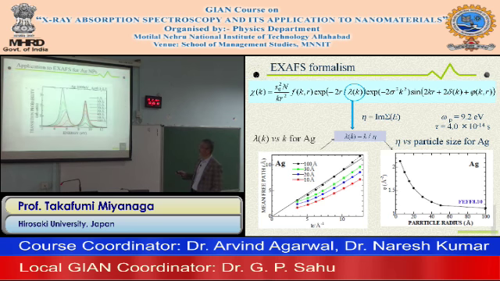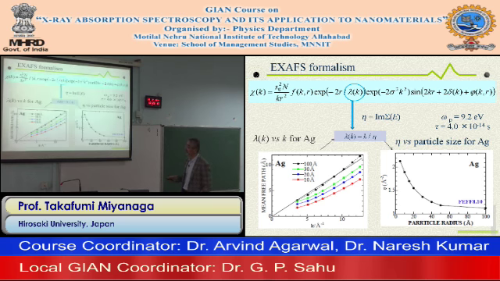So from these calculations, we check the k-dependence, the electron momentum dependence, of the mean free path for large particles and smaller particles.